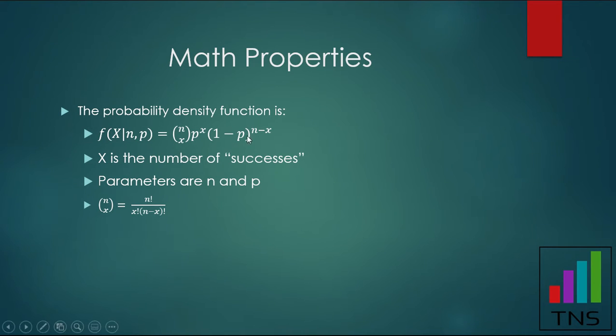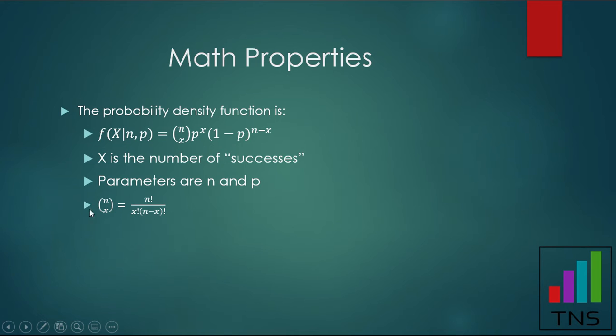The parameters are n, which we usually think of as the number of trials. In most applied data cases, it's the sample size, and p, the probability of our success, the outcome we're looking for. What's the probability that we get one of those two events that we're actually interested in? And here, this little combinatory function, or combination, is really just n factorial over x factorial times n minus x factorial.